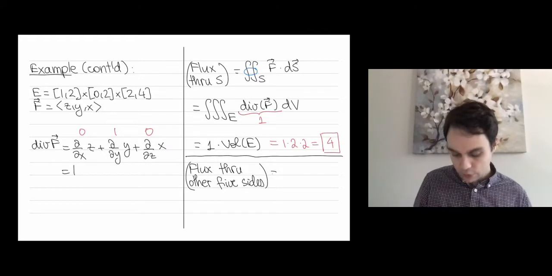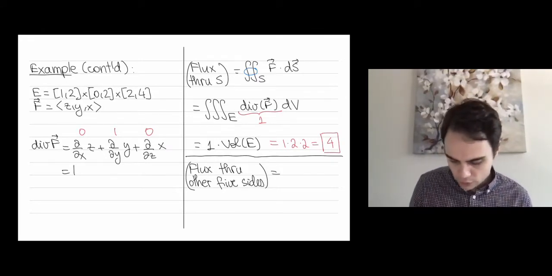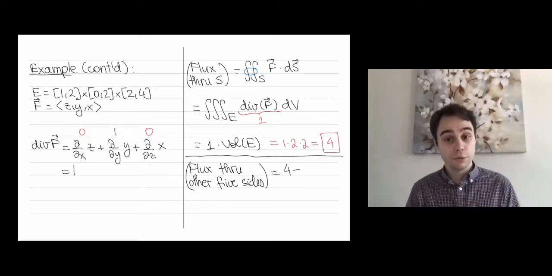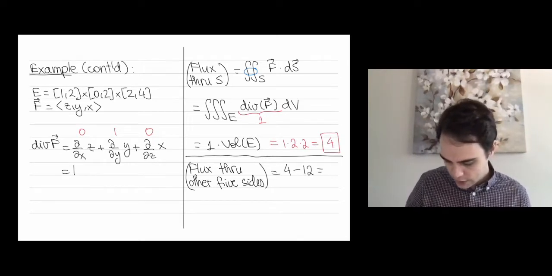This is the double integral over the other 5 sides. Well, that's equal to the flux through all 6 sides, that's 4, minus the integral through the front side that we computed before, 12. So as a result, here I get minus 8.